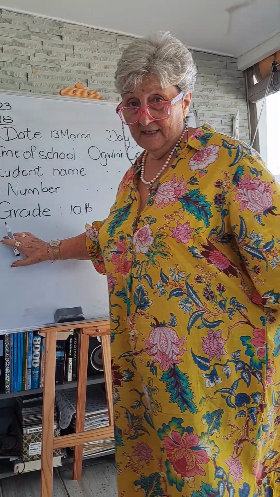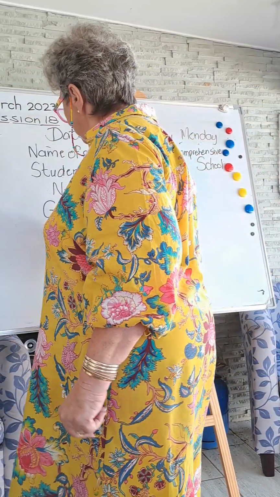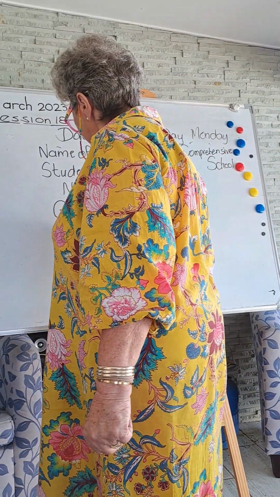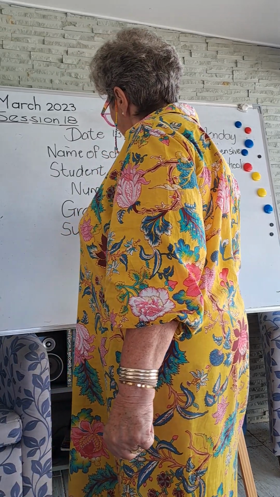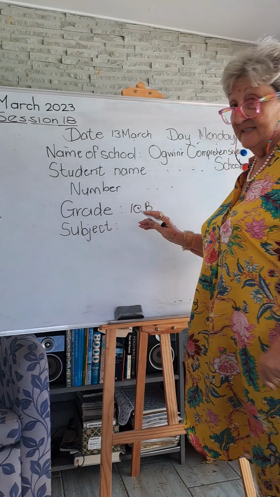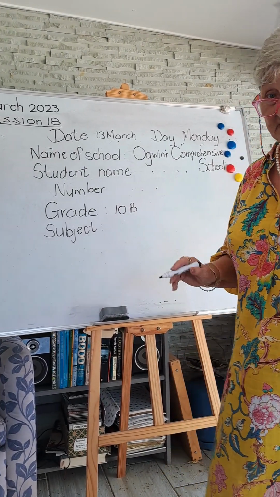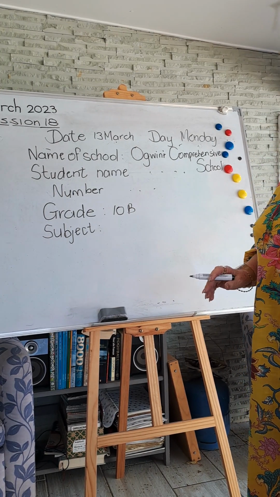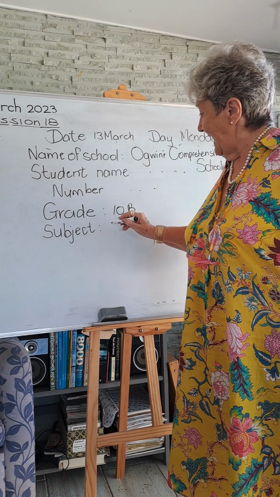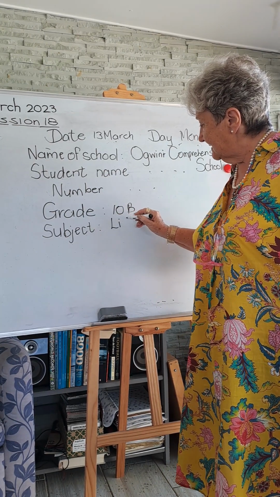Now, the next one is the important one, because it says subject. The subject you're going to teach. Will it be maths? Will it be English? Will it be science? Will it be life orientation? You write it out.